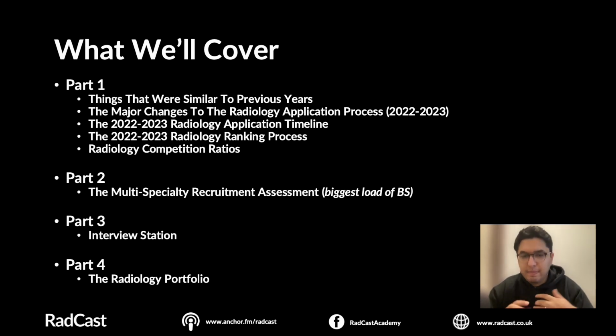Then we'll look at the application timeline for last year, because it gives you an indication of what type of dates you need to be getting ready for. Then the ranking process, how your final rank was calculated. And last but not least, what people do get very fixated on, and it's understandable why, the competition ratios and our advice in terms of what we expect going forward for the future application cycles.